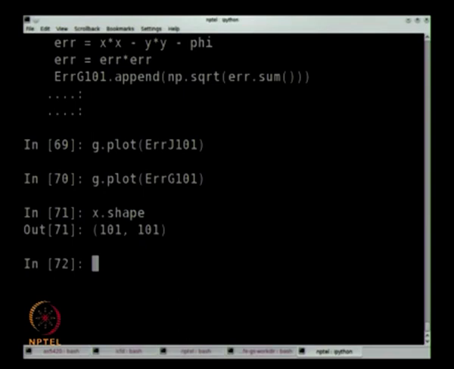What is X? X is a 101 by 101 matrix. I just wanted to make sure that was right. How is that possible? How is it possible for square root to get a non-positive value? It doesn't make sense.